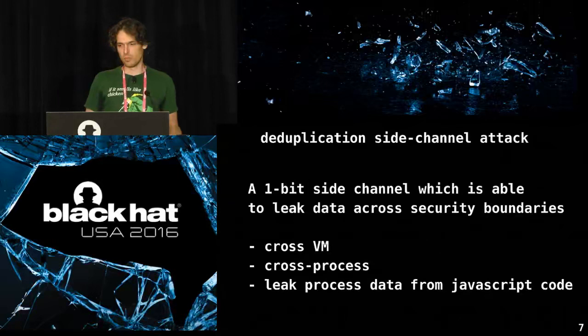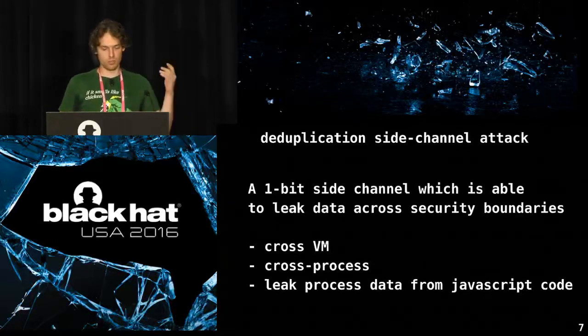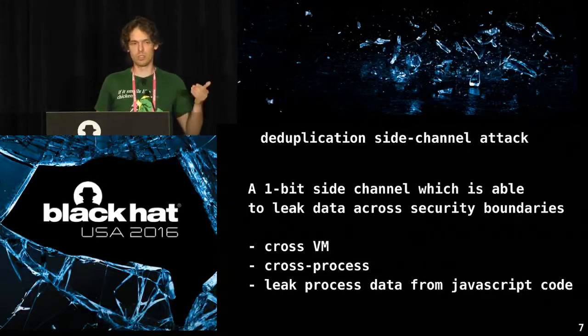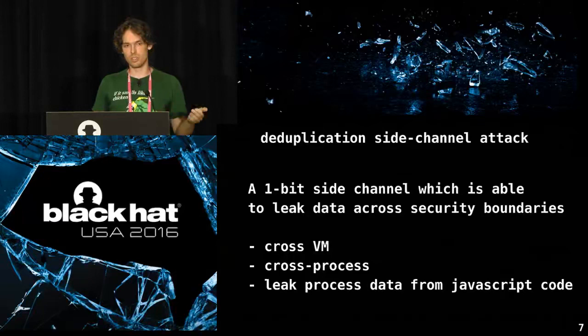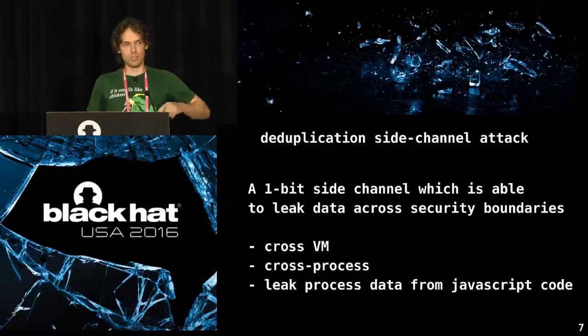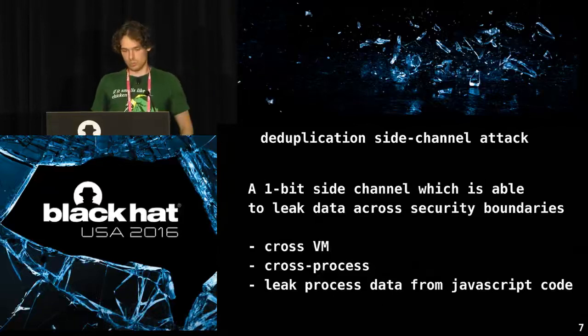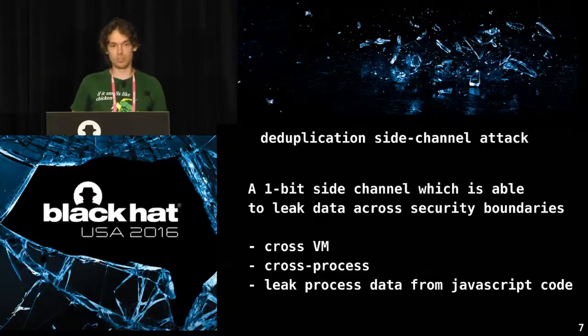The fun thing is, because these pages are deduplicated from all over the system, we can leak information across security boundaries. An attacker replicates a page, waits a bit, and then sees if it has been deduplicated. So it could be in a different virtual machine in the case of a hypervisor environment.